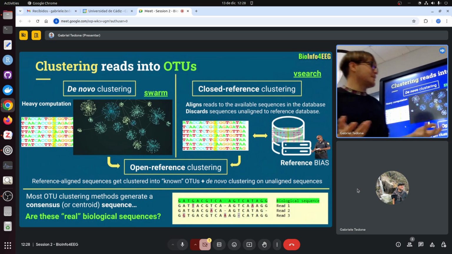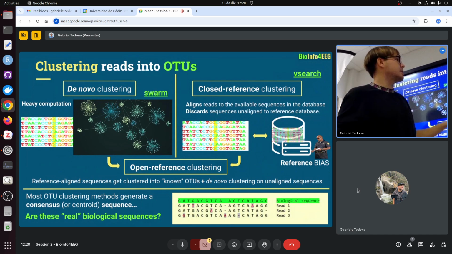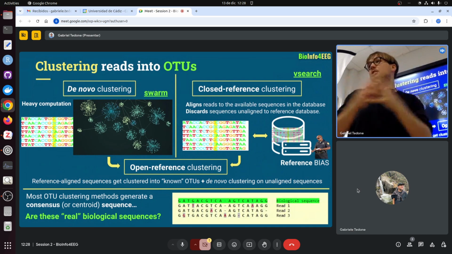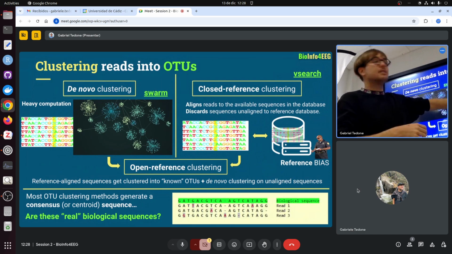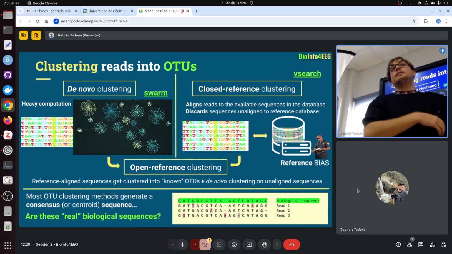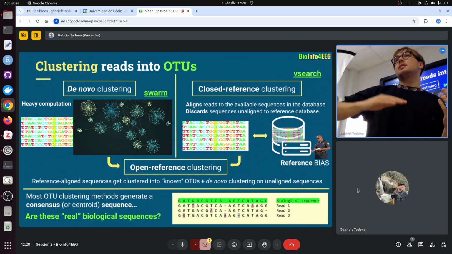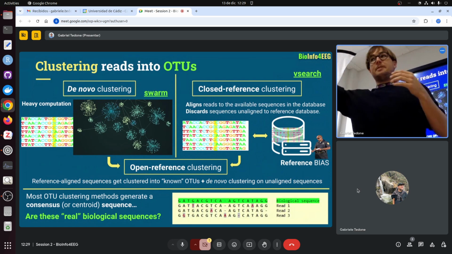What typically happens is closed reference clustering or open reference clustering. So what accelerates a lot of the clustering is to align our data set with the database's sequences. There are databases out there that store many sequences, and many of those sequences are even assigned taxonomically.